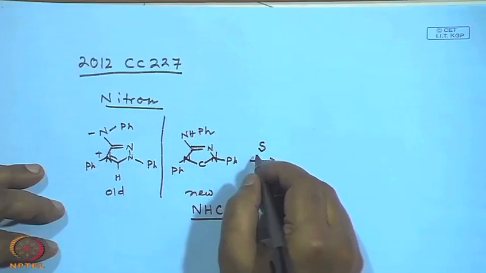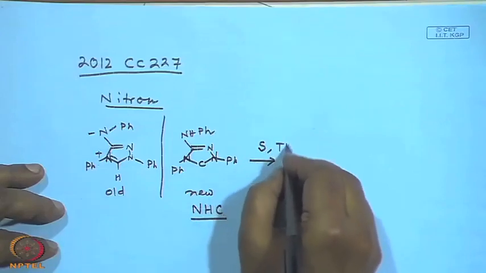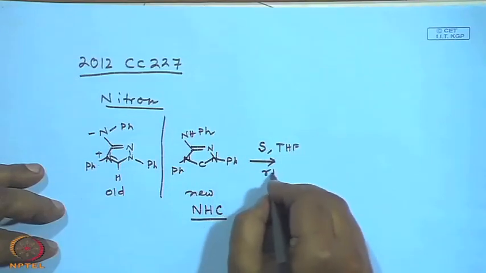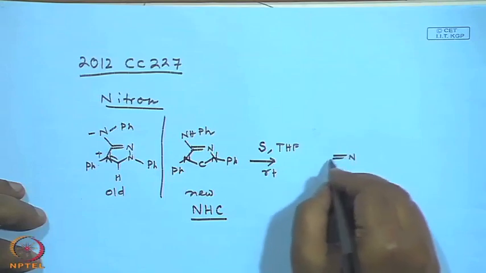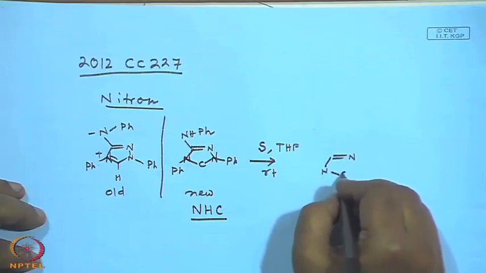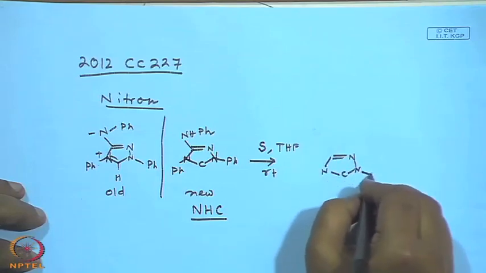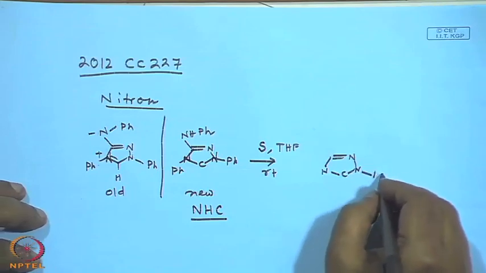But how to establish the structure? What did they do? Basically, they did a reaction with sulfur, just sulfur, THF at room temperature. What is the expected product? The expected product is nitrogen, carbon and nitrogen. Okay, fine.